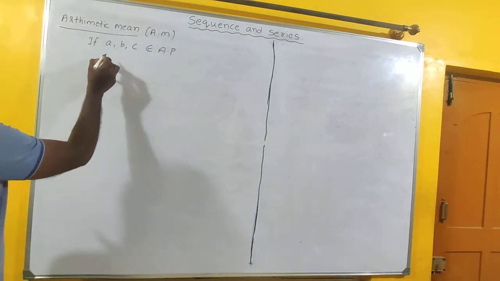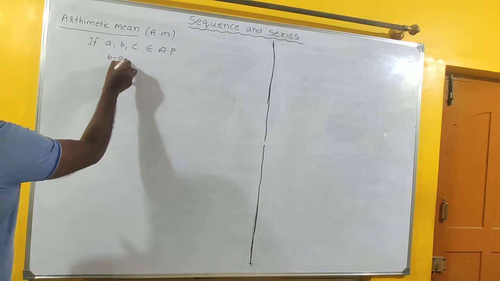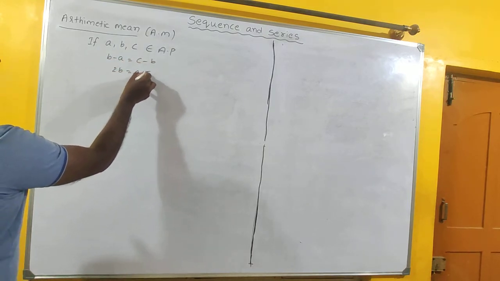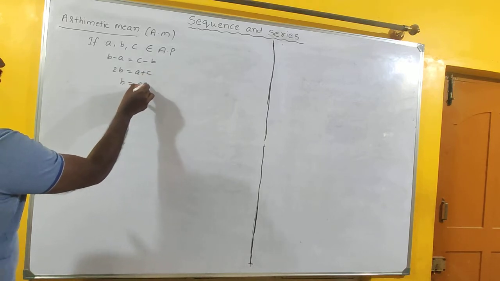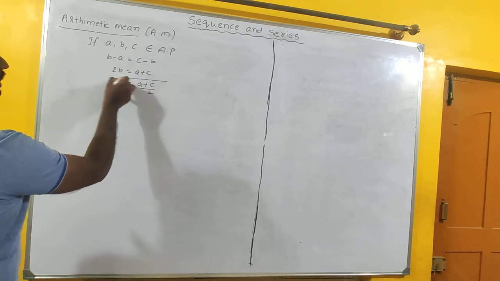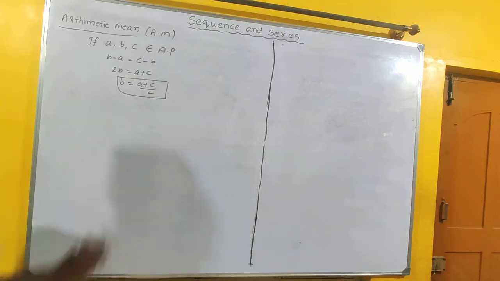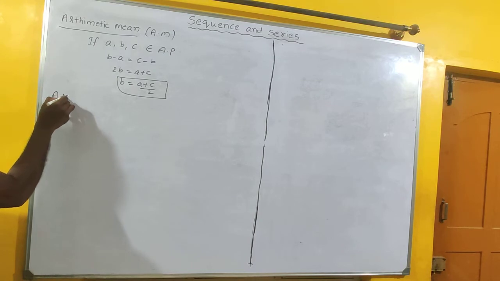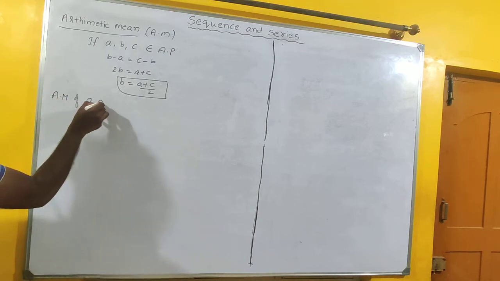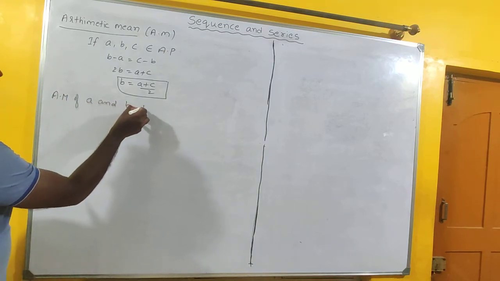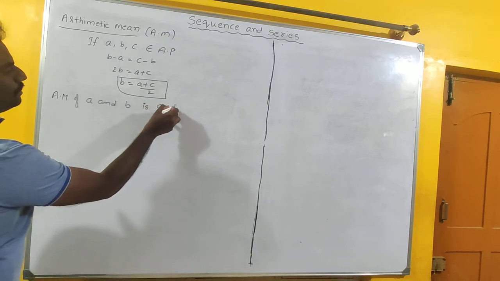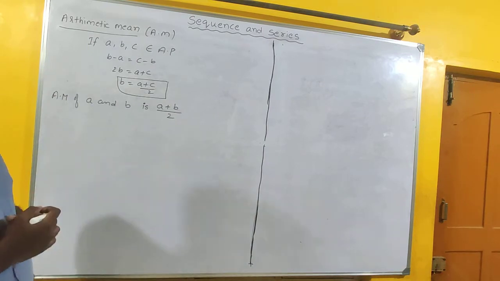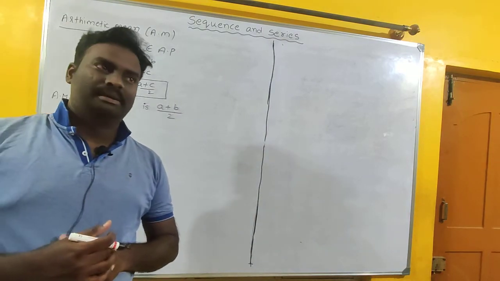Then we can write B minus A is equal to C minus B, then 2B is equal to A plus C, then B equals A plus C by 2. This is the condition. Then the arithmetic mean of A and B is A plus B by 2.